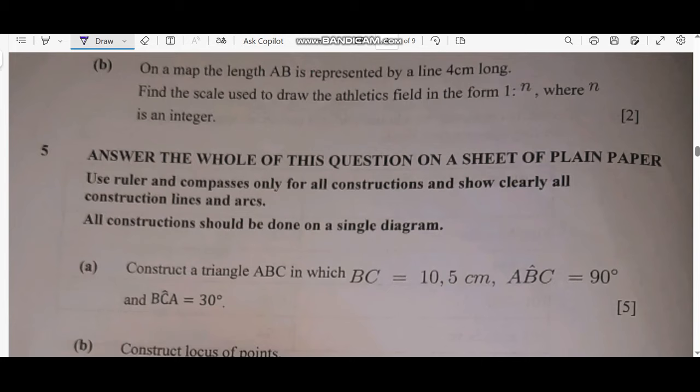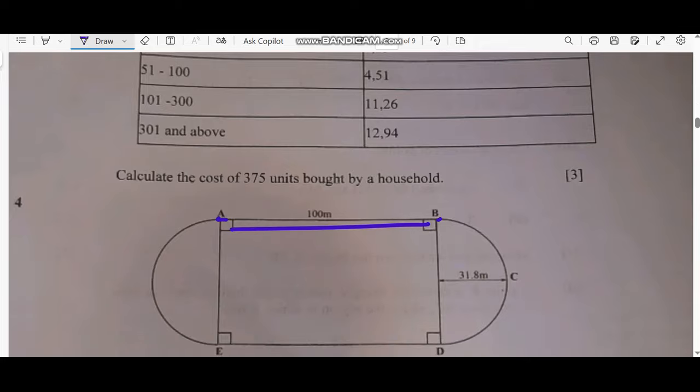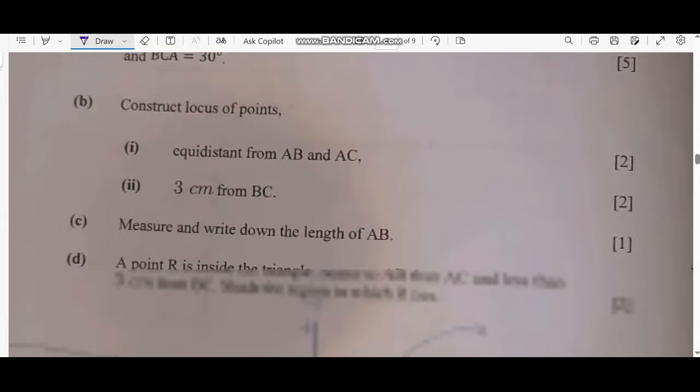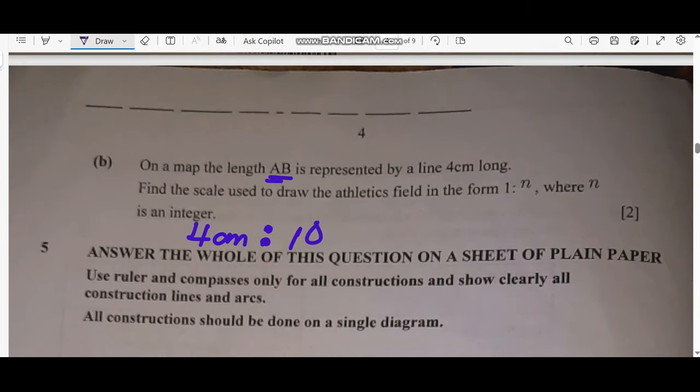So we write the scale: 4 centimeters on the map stands for 100 meters on the ground. Find the scale used to draw the athletic field in the form 1:n.